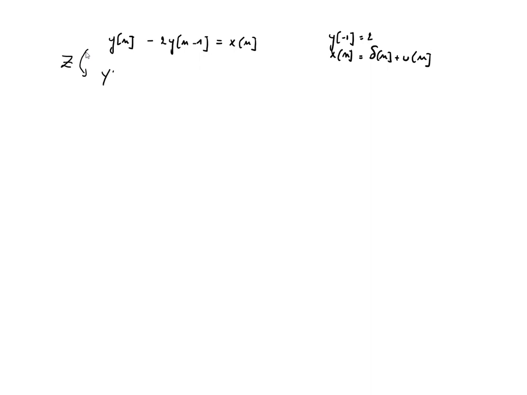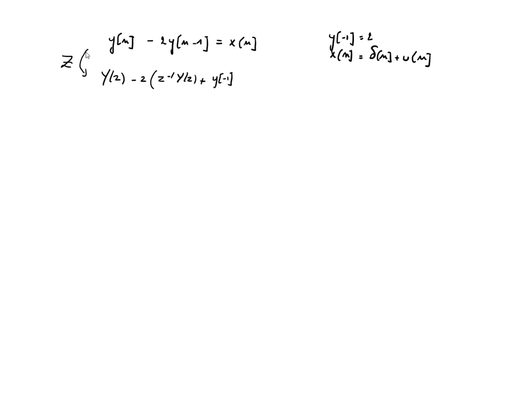So we'll have Y(z) minus 2 times, well, we write our parenthesis, z^-1 Y(z). z^-1 is the shift operator, and we'll have a plus here because when we shift to the right, what will appear at index 0 is y[-1].